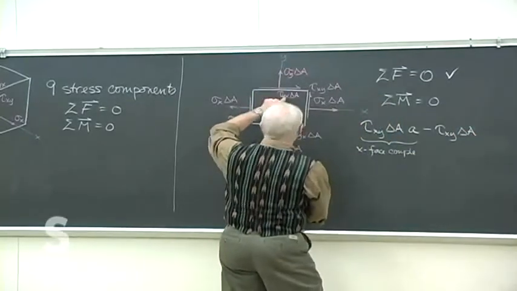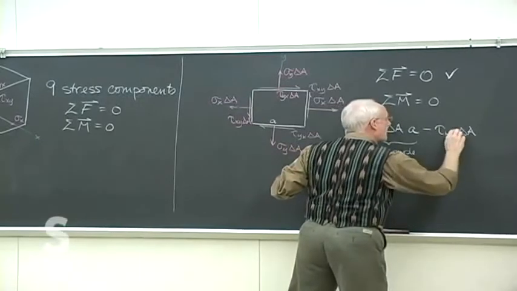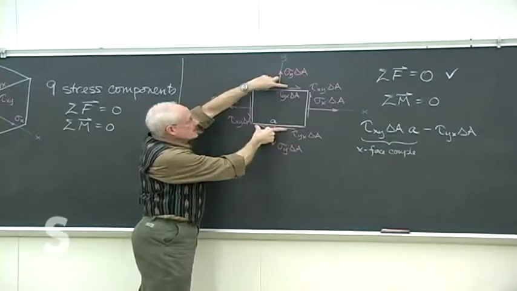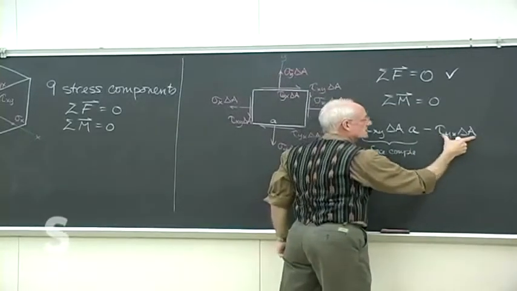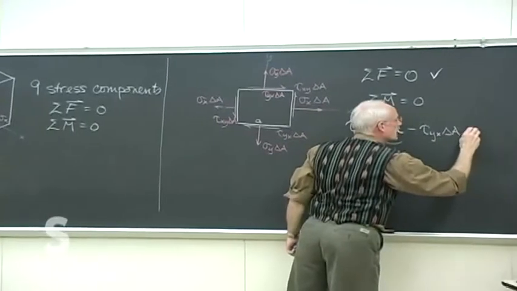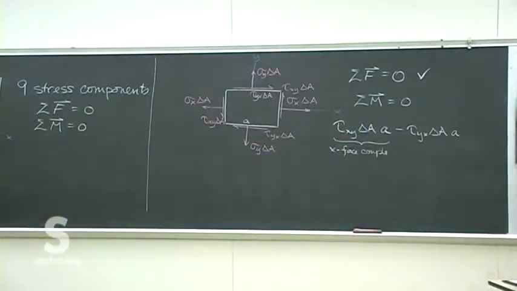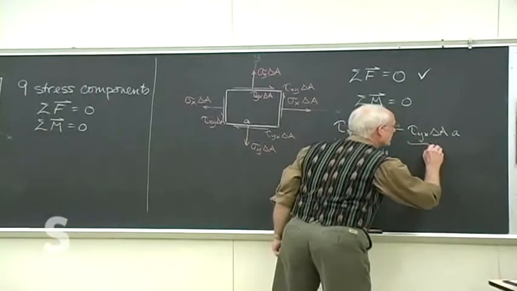Sorry, this is tau yx, not xy. Remember, I'm working with this couple now caused by these shear stresses. The force is the shear stress times the area over which it acts, times the distance between the two forces that make up the couple. So that's the y-face couple.